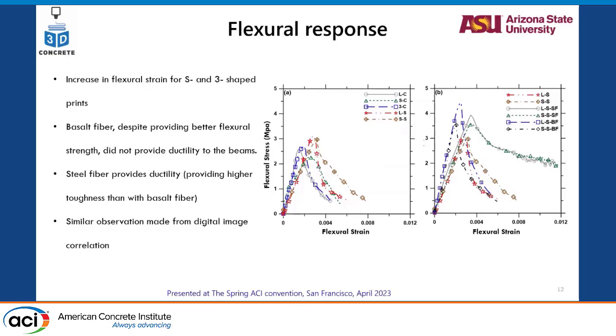While with steel fiber, though we got a lower flexure strength, we got a more ductile response, giving it more toughness. So basalt fiber gave us more load carrying capacity, steel fiber gave us more energy dissipation capacity.